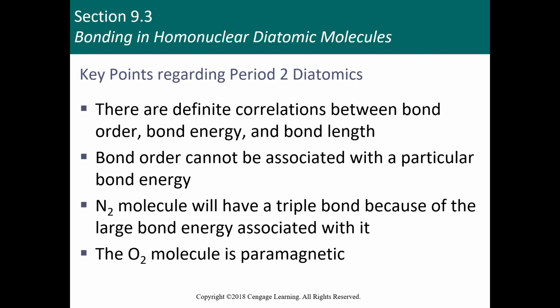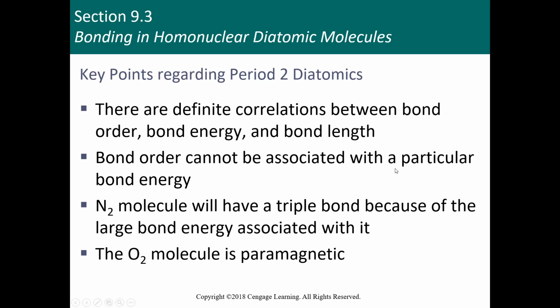Now remember, there is a definite correlation between bond order, bond energy, and bond length. They are directly correlated. You can figure one from the other with a few other key factors to make the exact numbers. Bond order cannot be associated with a particular bond energy, because you simply need to factor in electronegativity.